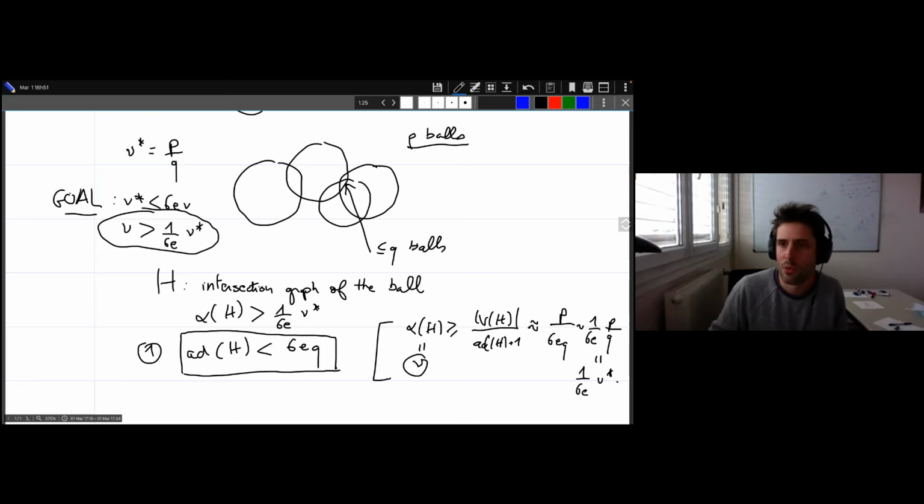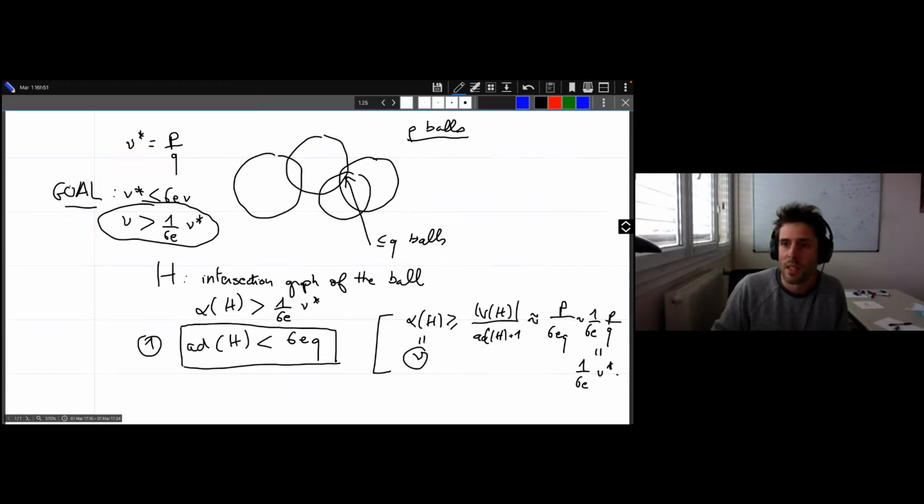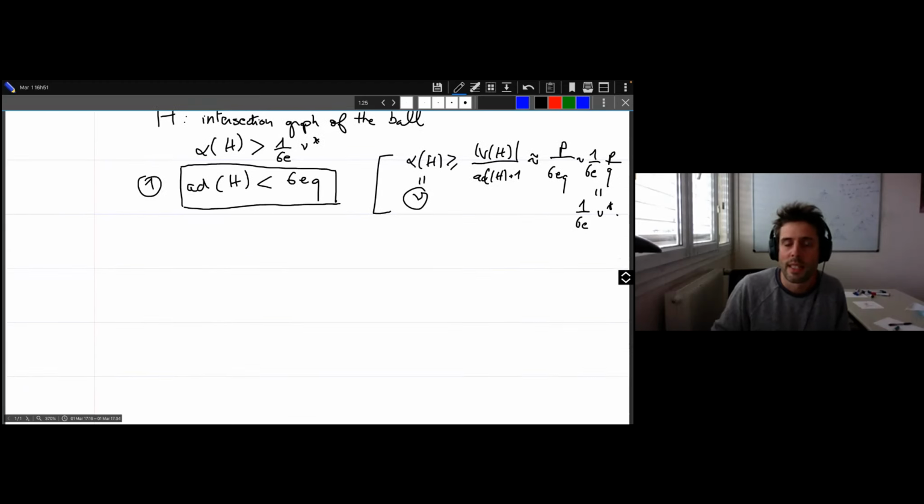So how can we prove that the average degree of our intersection graph is small? We would be very happy if q was 2. Say we have q equals 2, so vertices are in at most 2 balls.